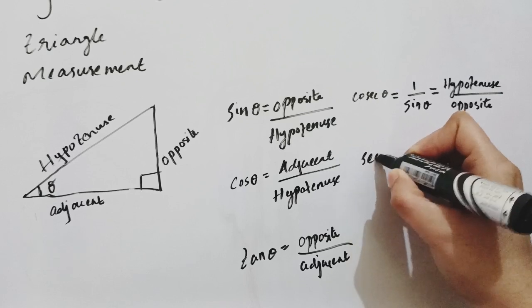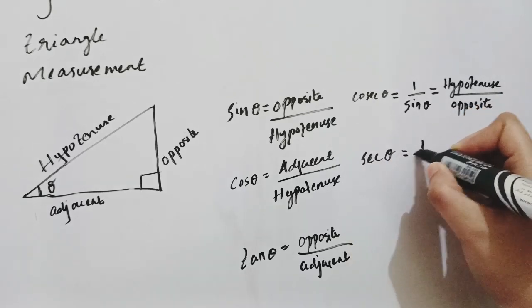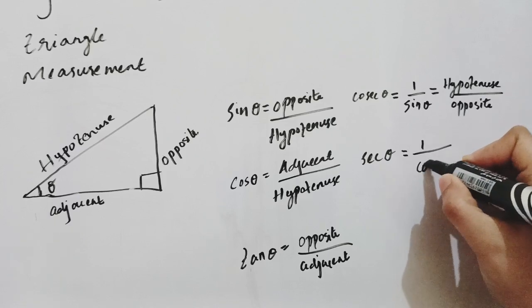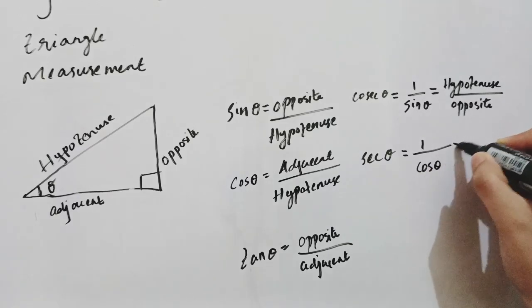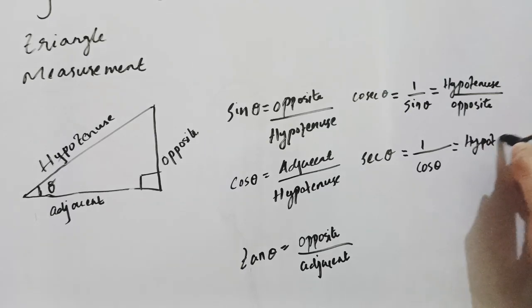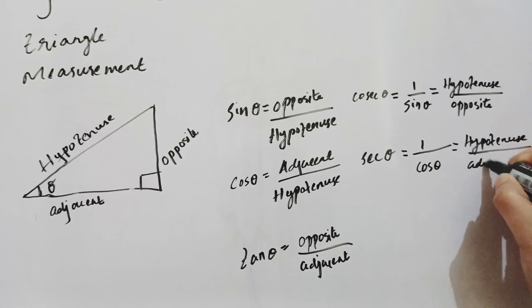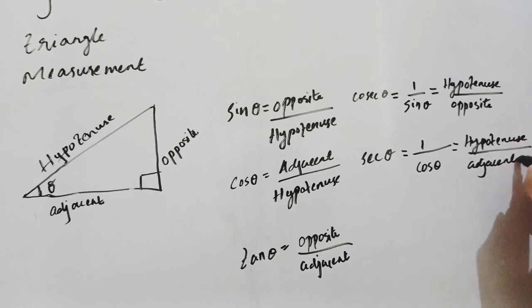Then secant theta, which is written as sec theta, equal to 1 by cos theta, which can be written as hypotenuse by adjacent side.